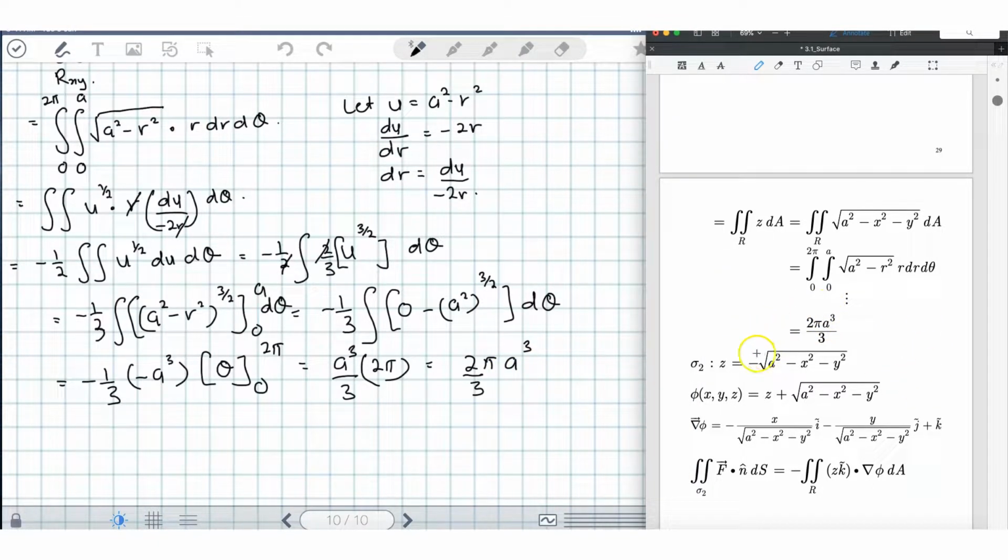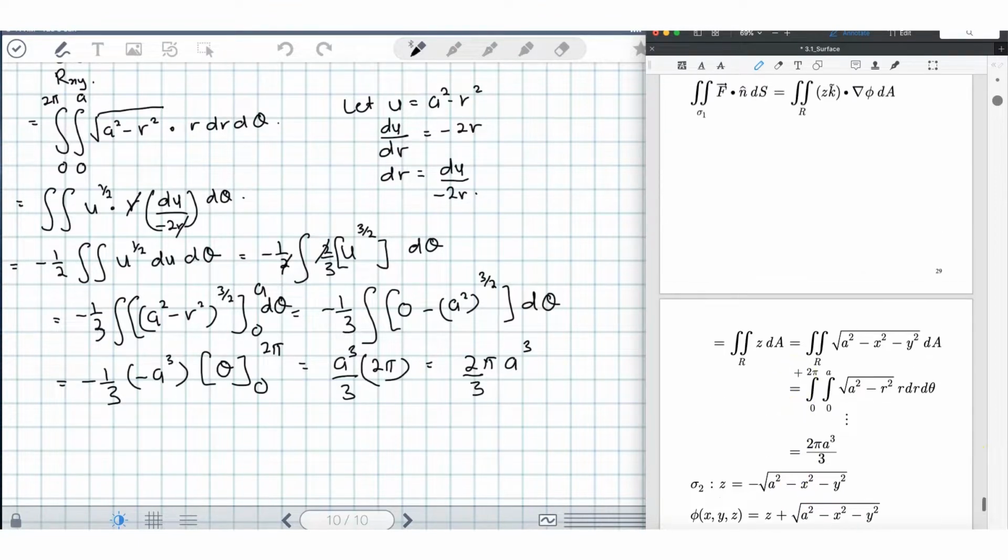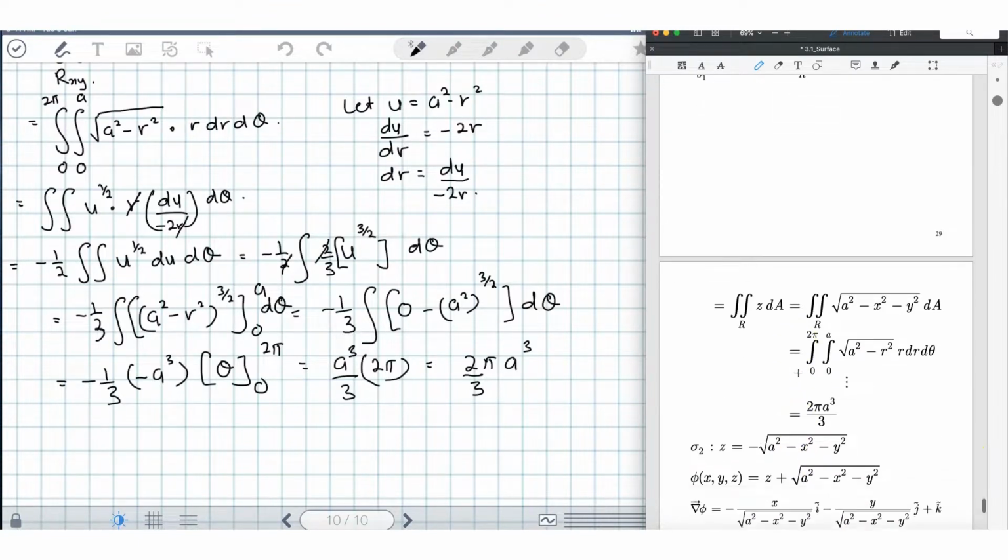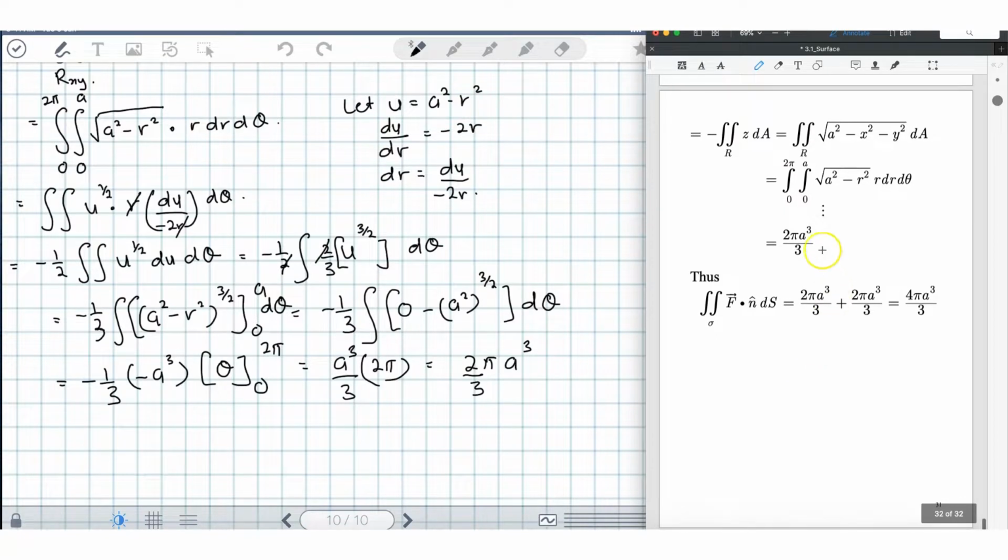I don't want to do the other one, not because I'm lazy, but because I want to give you a chance to try yourself, as you just need to change the plus minus sign, and you end up with the same answer.